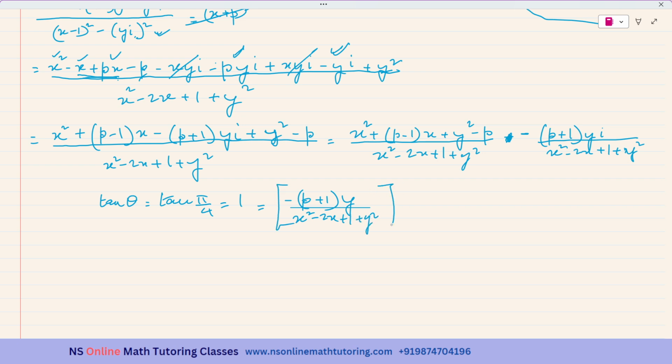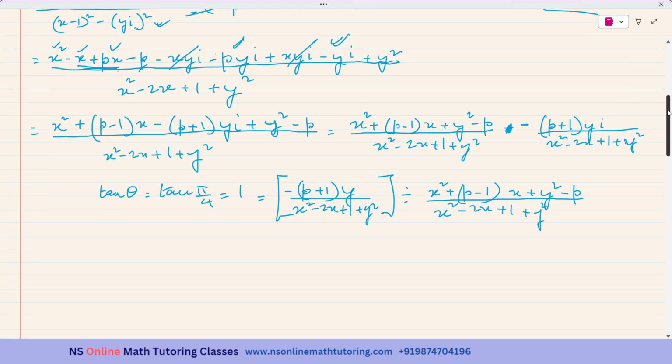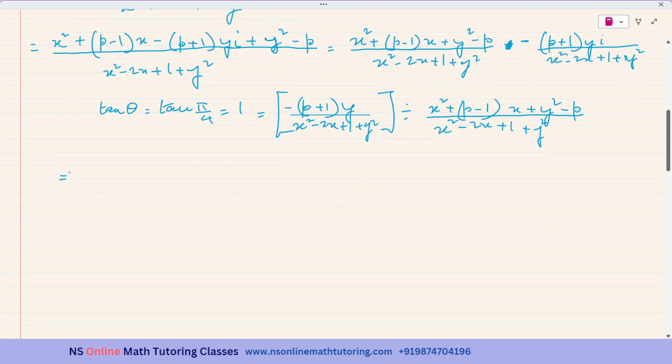This whole thing, this is the imaginary part, divided by the real part, x² plus (p minus 1)x plus y² minus p over x² minus 2x plus 1 plus y². Okay. So this is equal to 1 equal to minus (p plus 1).